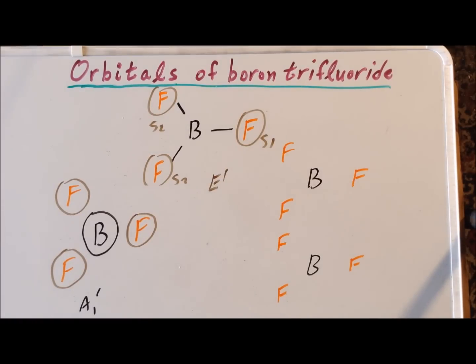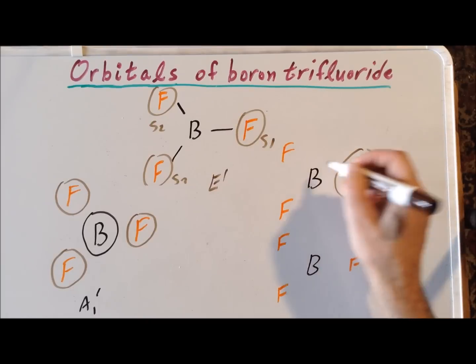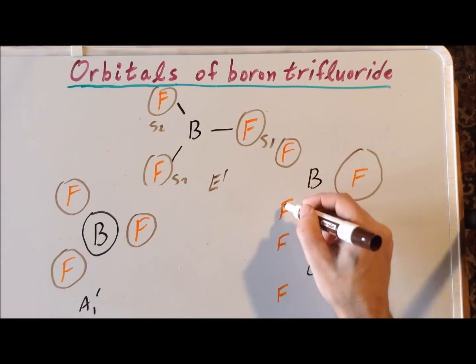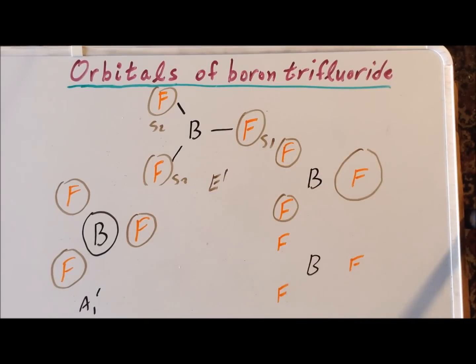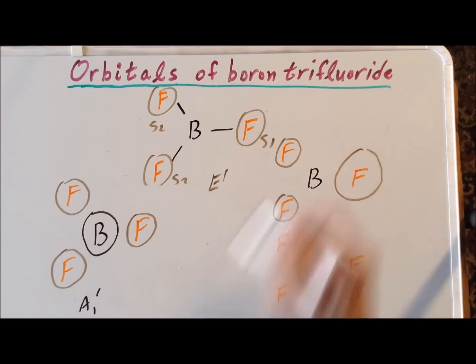So now we have the doubly degenerate E prime combination, and we saw for the first algebraic expression we had 2s1 minus s2 minus s3. So the first thing I'm trying to draw here is that this particular orbital is twice as big as either of these two. So hopefully I've gotten that part.